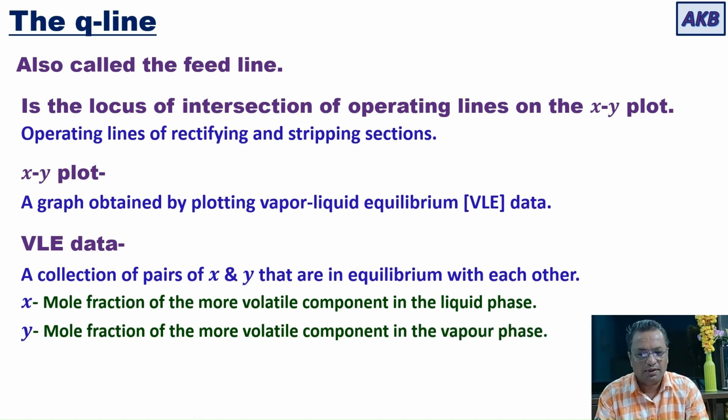So when you have liquid and vapor phases in equilibrium with each other, and you measure the concentration of the more volatile component, it is described in terms of mole fraction, the more convenient way of doing that. x will be the mole fraction of the more volatile component in the liquid phase. y will be the mole fraction of the more volatile component in the vapor phase.